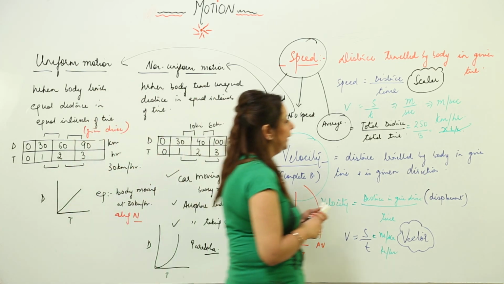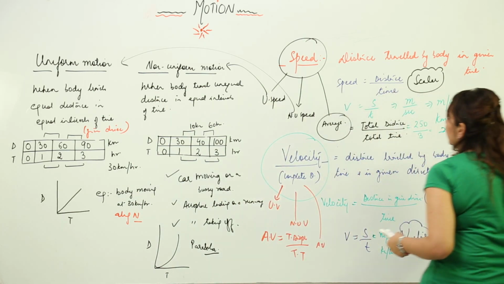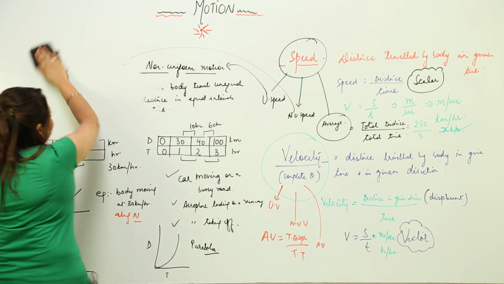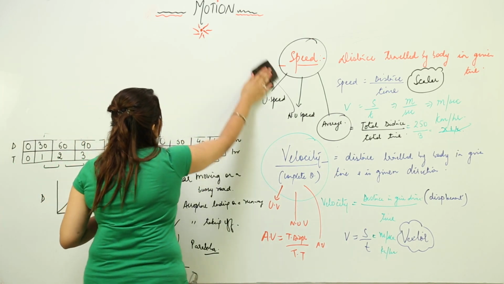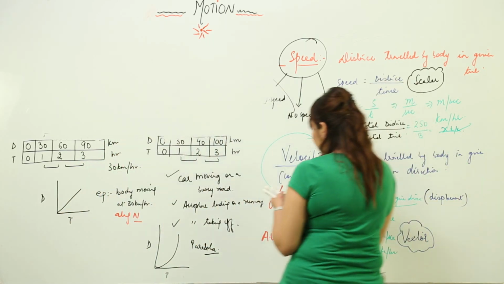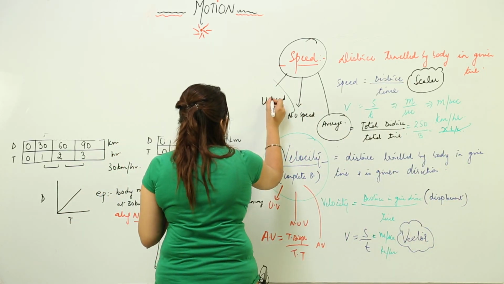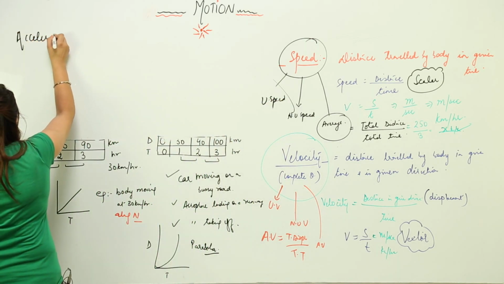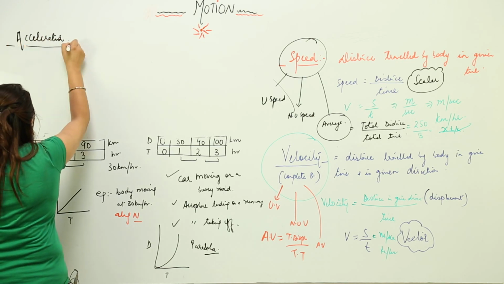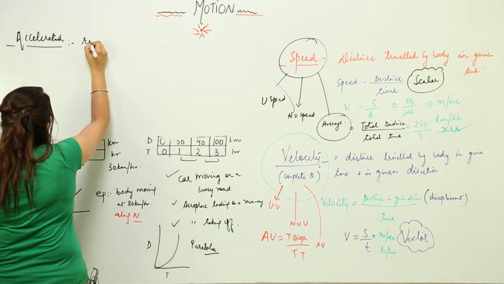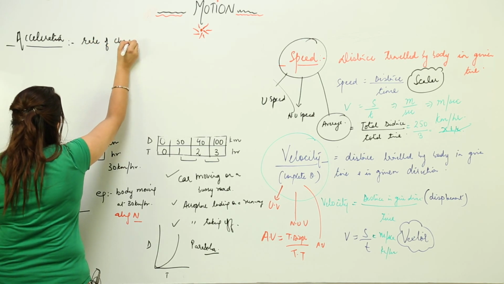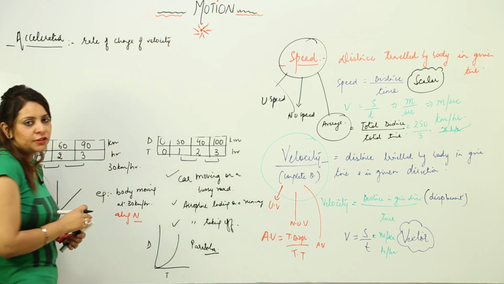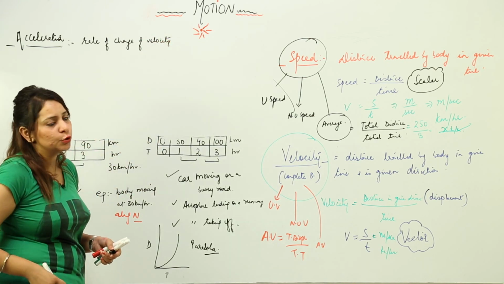Now we have one more thing, that is acceleration. What is acceleration? Acceleration is the rate of change of velocity, or you can say it is change in velocity with respect to time.